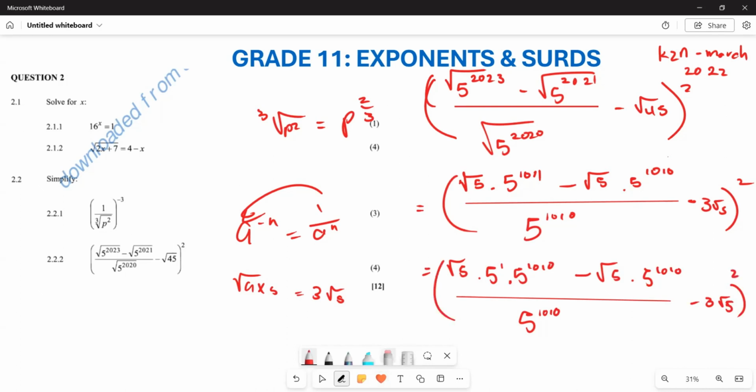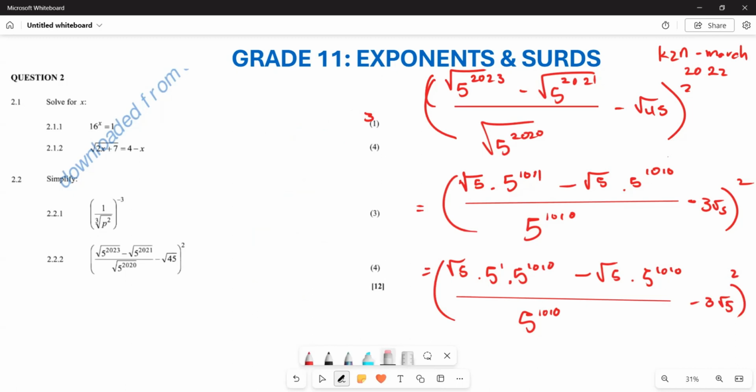Okay. Now this is still one and the same thing. Now, what is it that you are going to do here? I want us to take out the common factor. In your numerator, what could you take out as a common factor? Can you see that you have root 5, you have 5 to the power of 1010, 5 to the power of 1010, right?